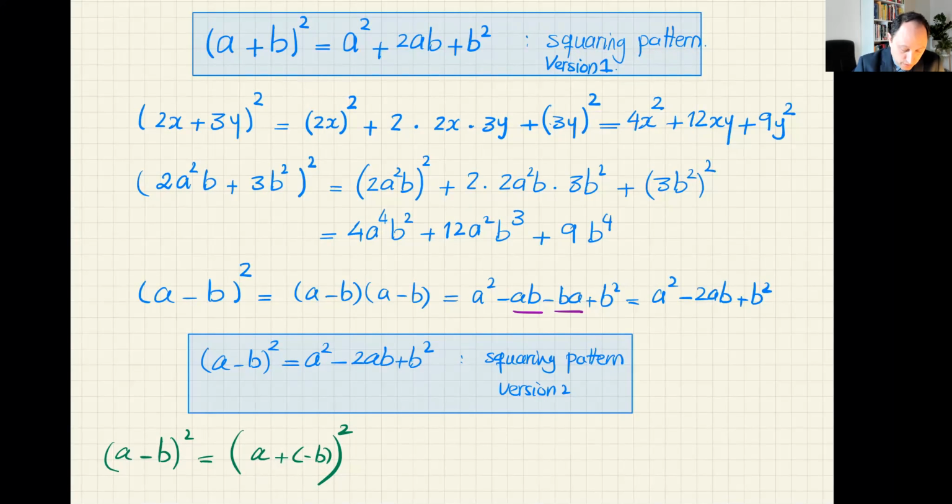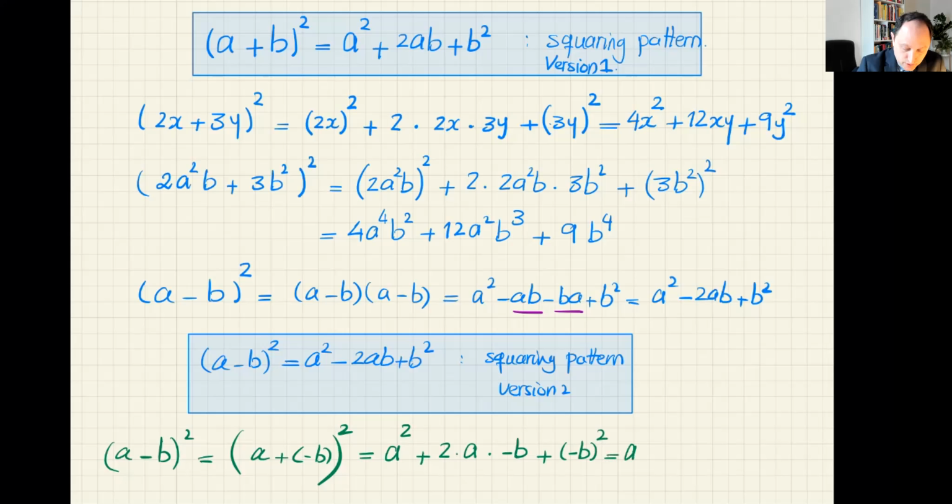But if I ask you, what is the first term, you would say a. What is the second one? You would say negative b is my second term. So then I use the squaring pattern version 1. I would say the first one to the 2 plus 2 times the first one times the second one plus the second one to the 2.